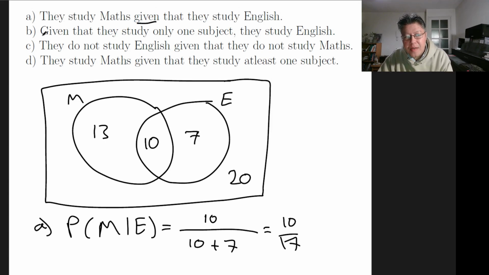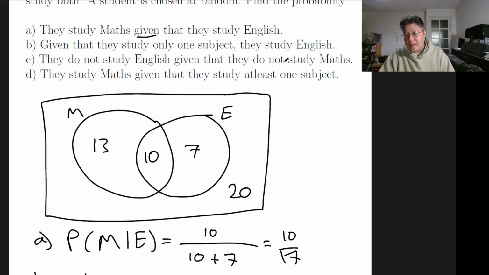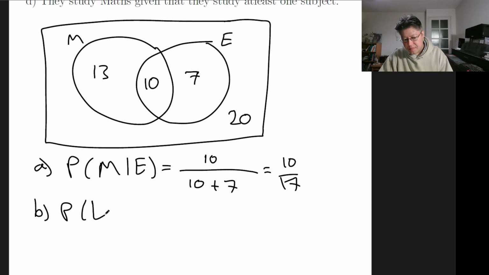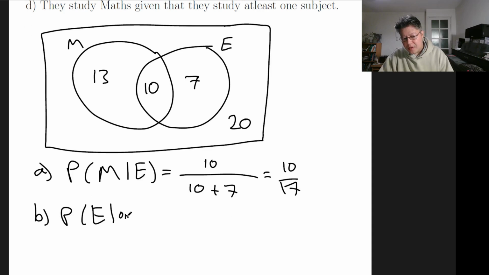Okay, part B, we've got given they study one subject only, they study English. So the probability that they study English given that they study only one subject. So only one.